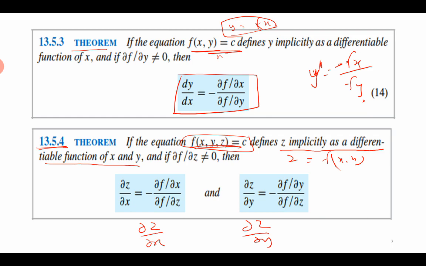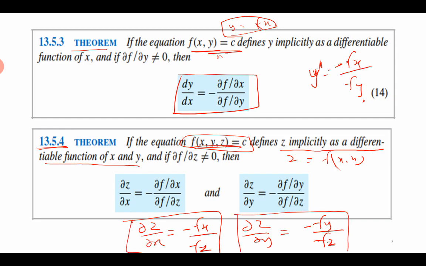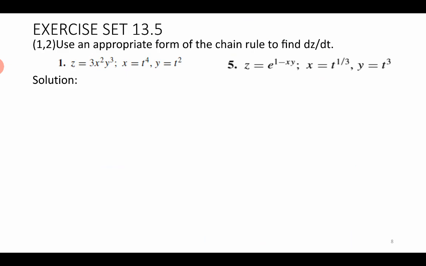This is negative fx over fz, and this is negative fy over fz, where the subscripts x, y, z all tell you to differentiate with respect to that particular variable. So these are the formulas for finding partial derivatives implicitly. Instead of doing implicit differentiation, directly use this formula. That is it.